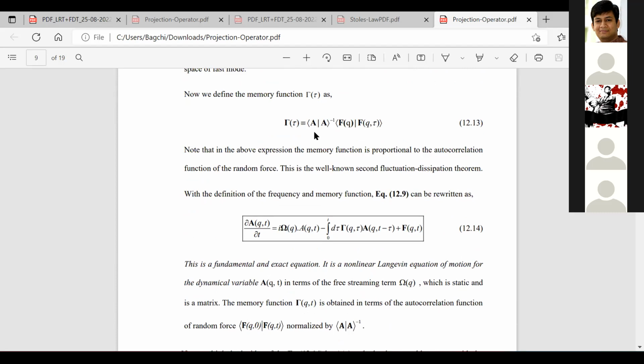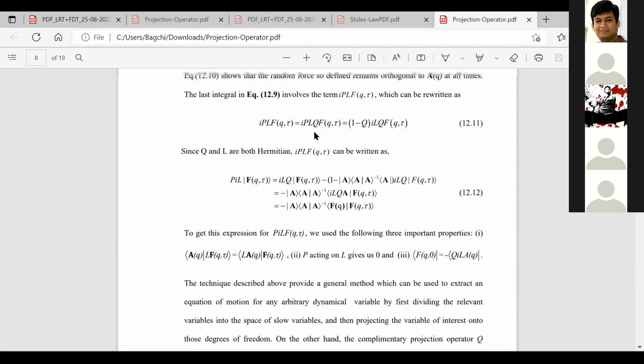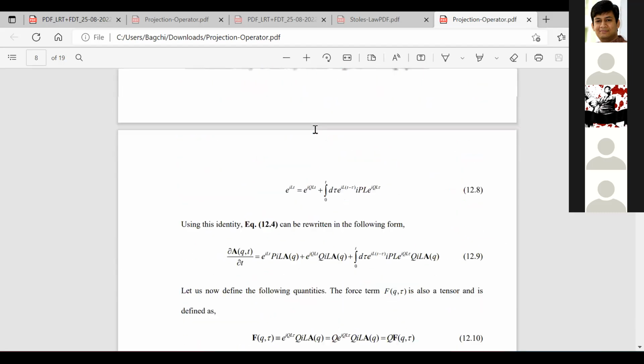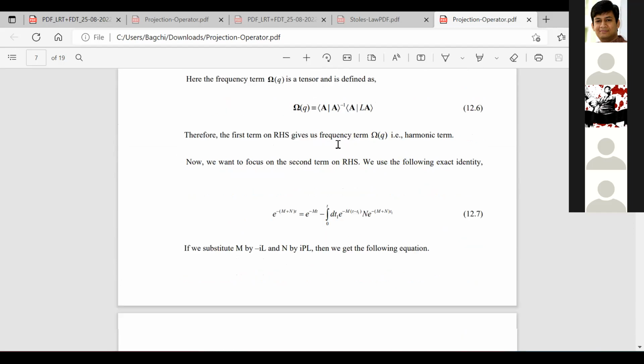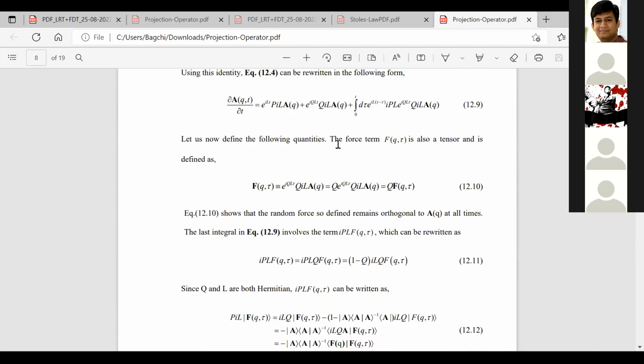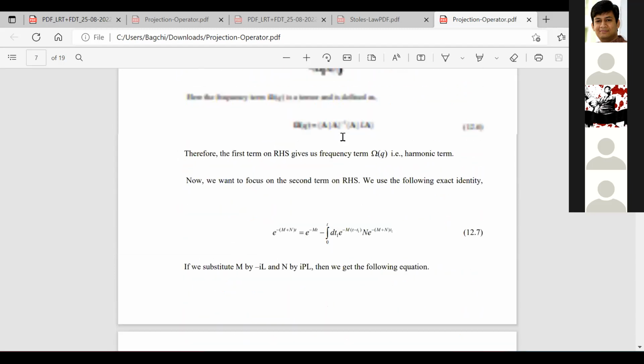If you have only one variable, then omega Q is 0, because LA is A dot, which will be 0.